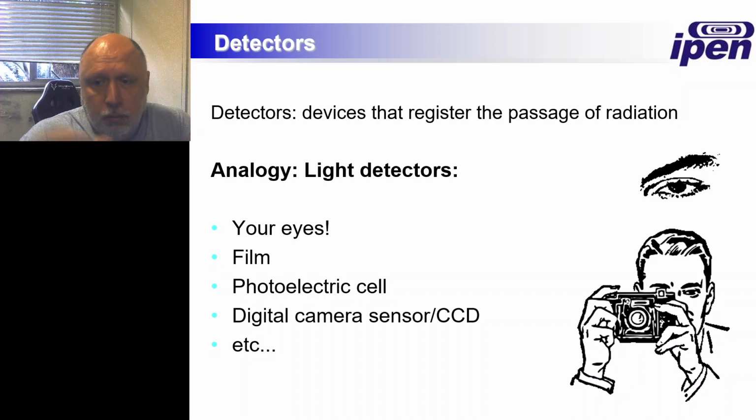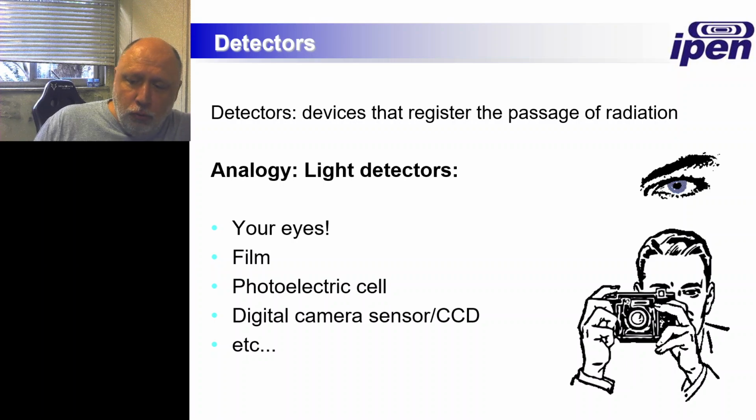Film in a photographic machine, or a photoelectric cell, like in an elevator or something. The digital camera sensor, the CCD inside your cell phone, and so on. So these are detectors for visible light.